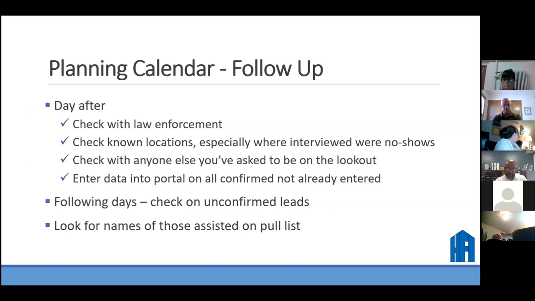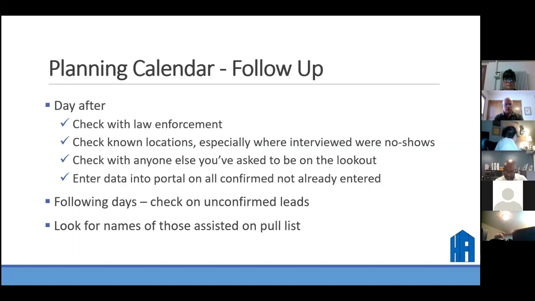You check with anybody else that you've asked to be on the lookout, to see, you said there might be somebody, or there's sometimes somebody who sleeps in that shed. Did you see anybody last night in that shed? And if so, try to get as much information so you could do a follow-up interview with that person, and they may very well know that person.